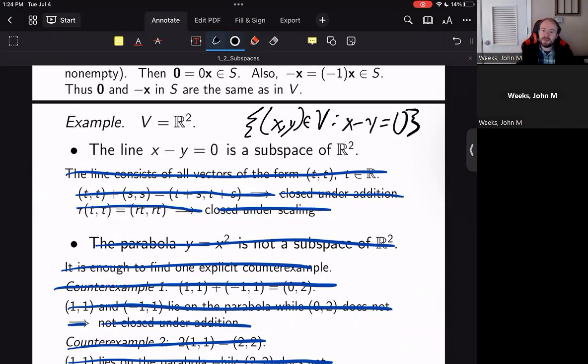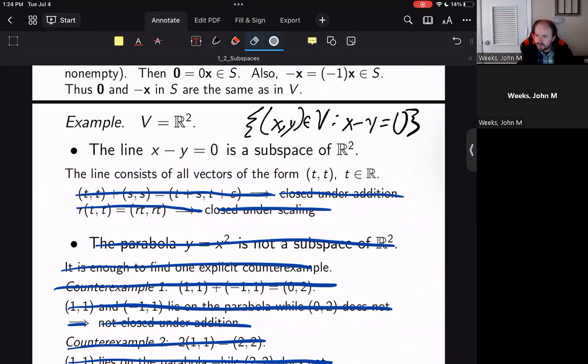You may know this as x equals y, or y equals x. You may just know this as the place in which the components x and y are the exact same for every single point inside of this. So, for example, this line consists of all vectors of the form t comma t, where t is in the real numbers. All of those things are included inside of this set.